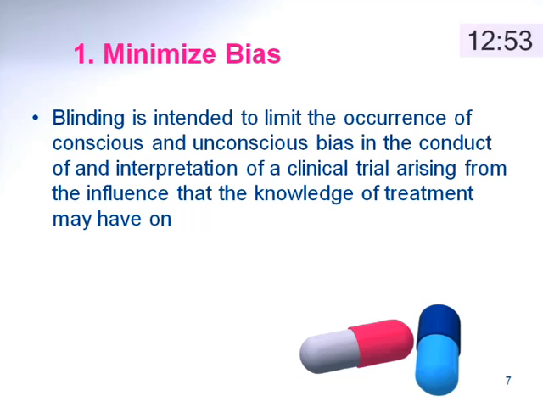Blinding is intended to limit the occurrence of conscious and unconscious bias in the conduct and interpretation of a clinical trial, arising from the influence that knowledge of the treatment may have.